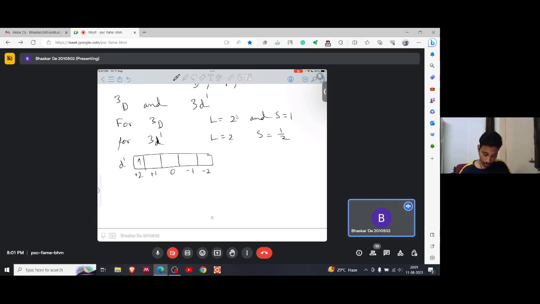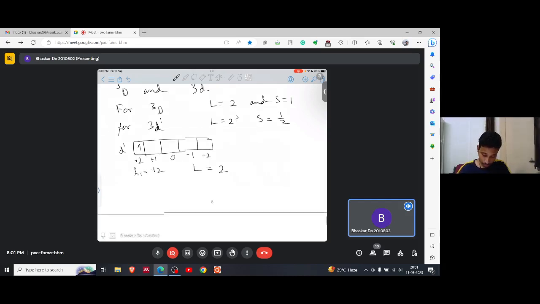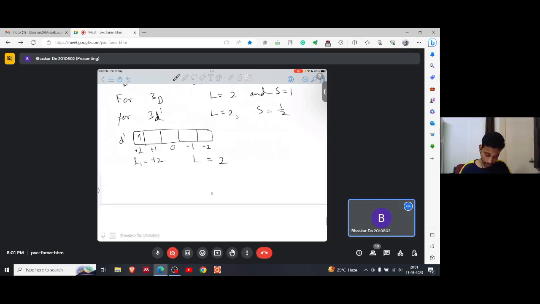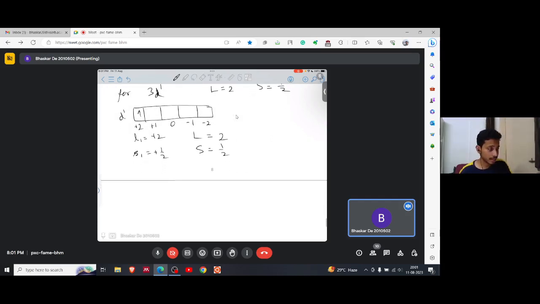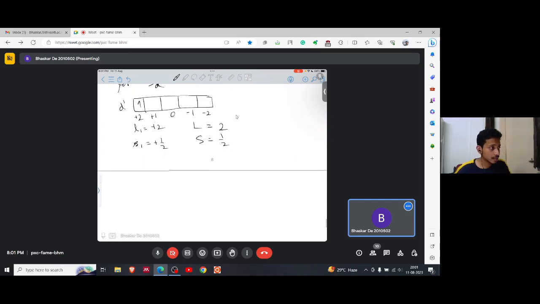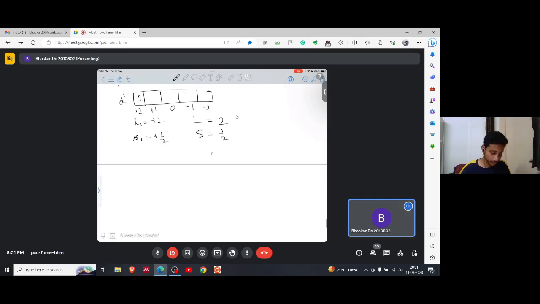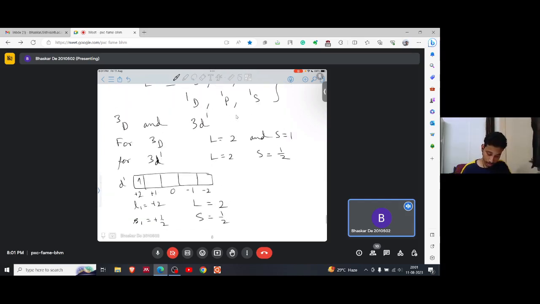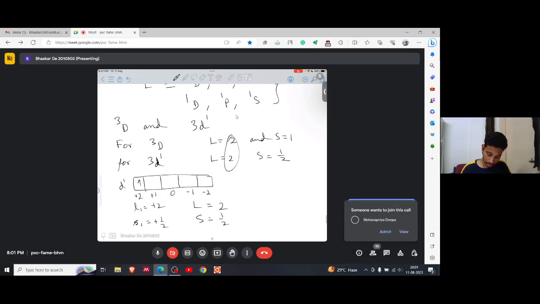So from here we know that l equals plus 2, so capital L equals 2, and s1 equals plus half, so capital S equals half. Now we will just add the L and S separately. So this 2 will be added and this 2 will be added.